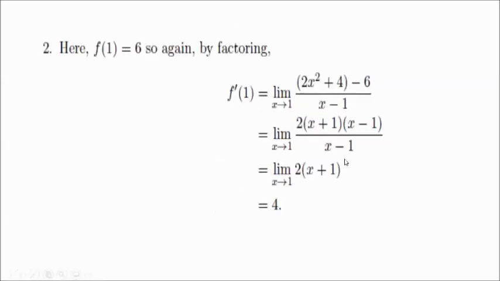How about the second? F of 1 dito is 6, class, kasi kapag sinab yung 1 dito, so 2 times 1 squared, 2 plus 4, so 6. Kaya minus 6. Then write the function, x minus 1, retain.